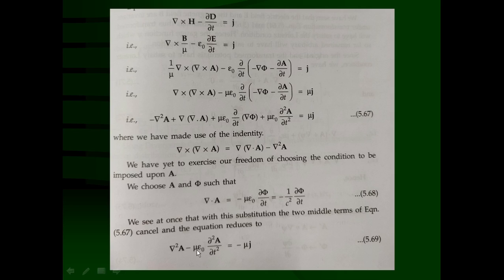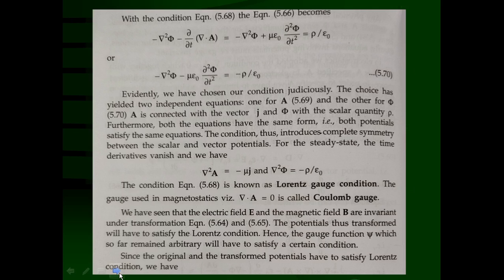The factor is going to be the same, mu epsilon 0, and this is related with minus mu J, where J is the conduction current density, which is a vector quantity. So mathematically 5.69 and 5.70 have identical forms.